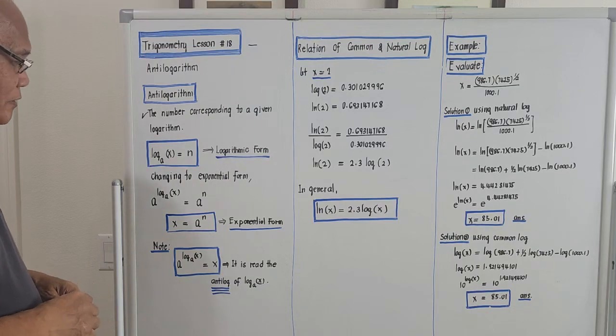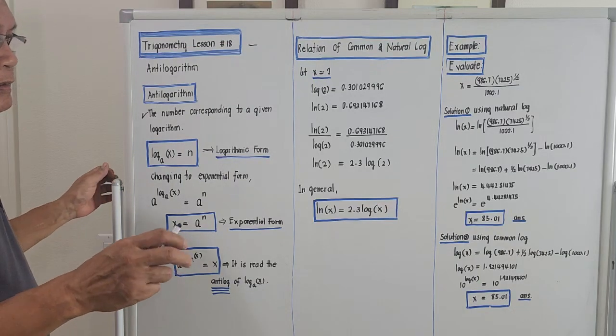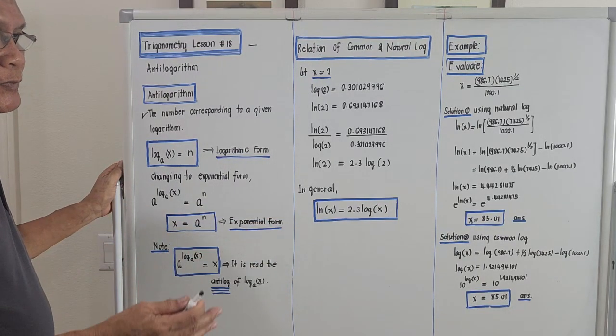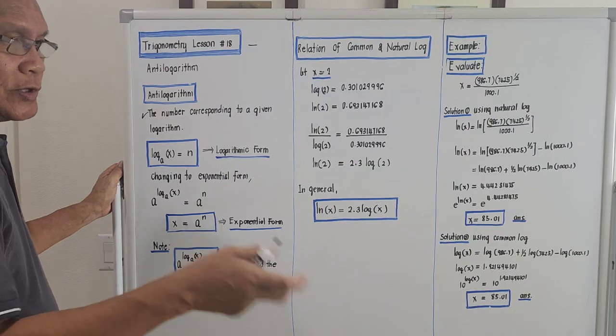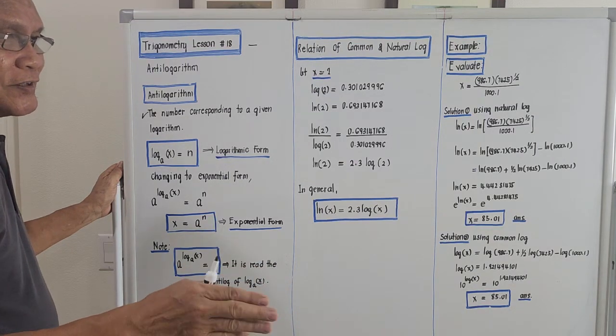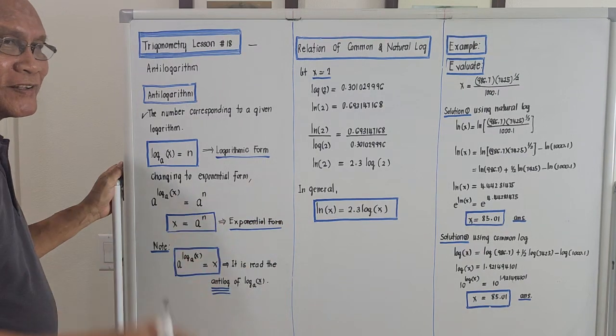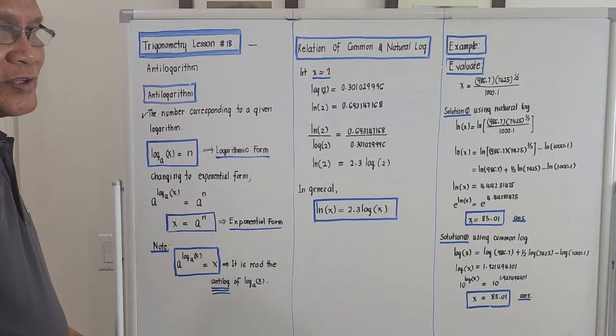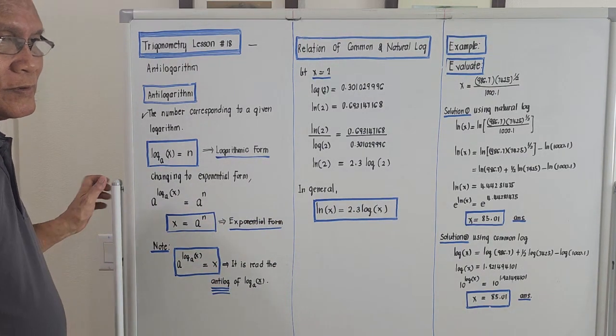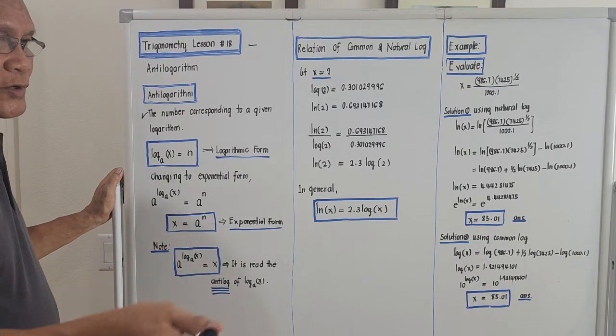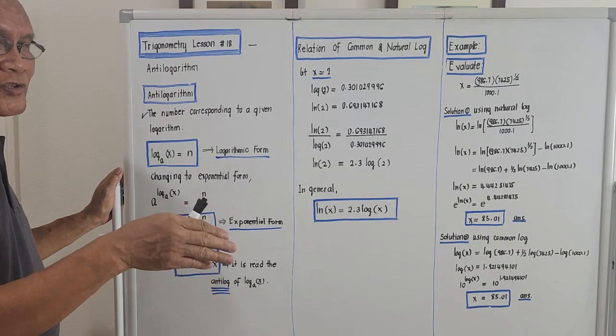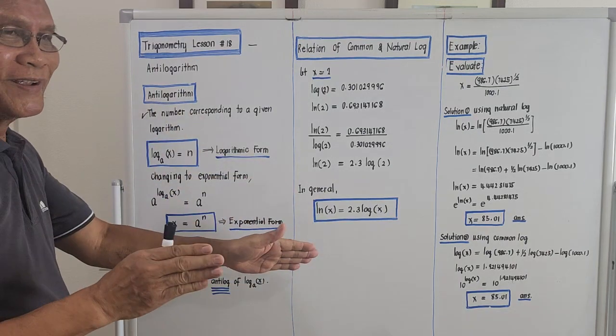It is something like this. Under the study of logarithm, our equation was taken under algebra. It's a different form of algebraic equation that is changing from logarithmic to exponential.